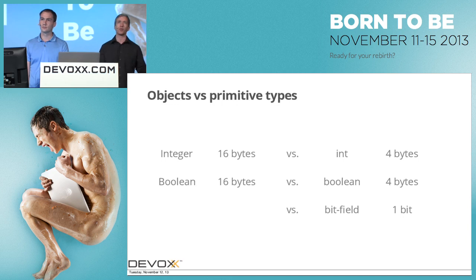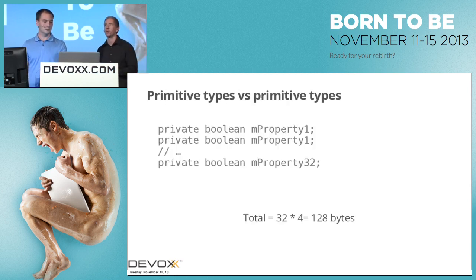Instead of using 32 bytes to store one flag, we use 1 bit in a bit field. So we have something like, I don't know, 70 flags in view.java, and they're stored in 3 bit fields, so 3 times 4 bytes instead of 70 booleans.